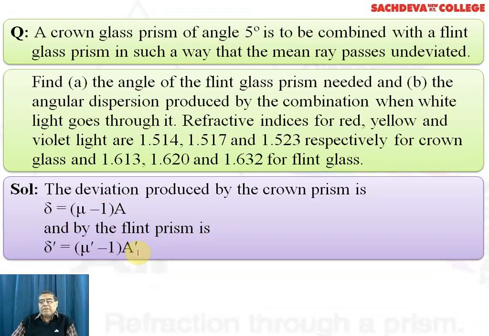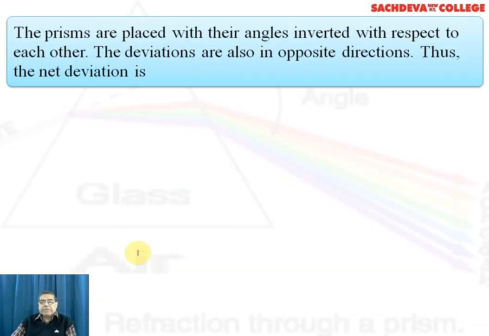So, basically we take the refractive index minus 1, multiplied by the angle of the prism. This fact we have to apply in the question. The prisms are placed with their angles inverted with respect to each other, so the deviations are also in opposite directions.